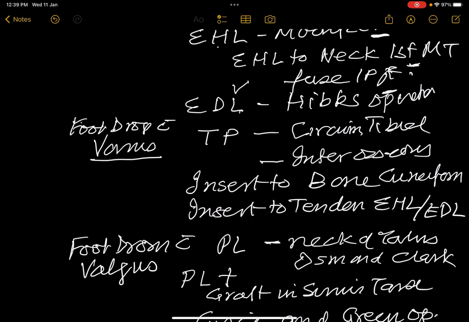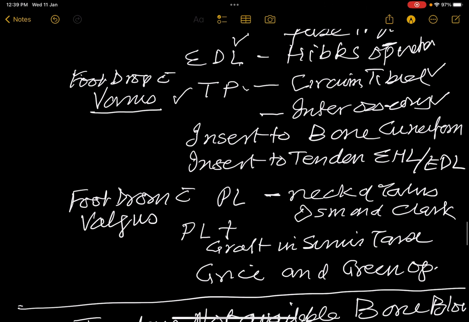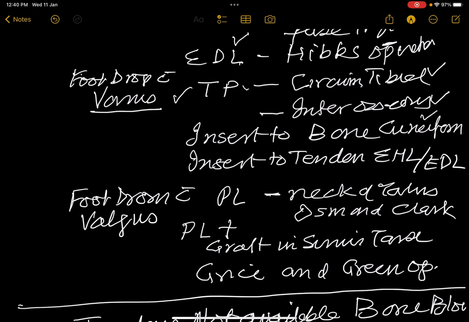Now, if there is foot drop with varus, you take the tibialis posterior, the route can be circumtibial or interosseous, and the insertion can be into bone, into cuneiform, or into tendons EHL or EDL. Now, interosseous is better and insertion into bone is better.